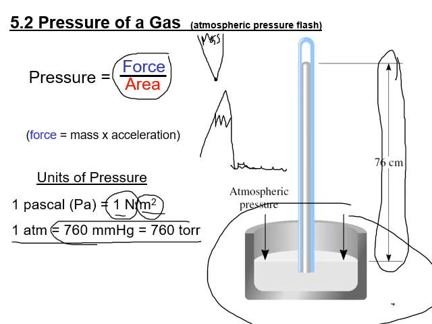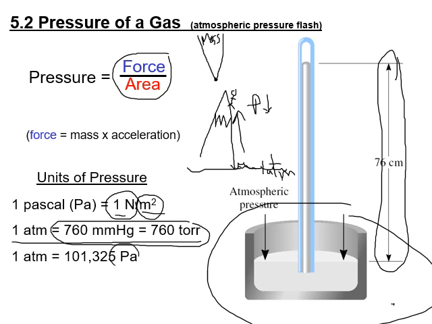Torr is the same unit size as millimeters of mercury. And 1 atmosphere is at sea level, in units of atmospheres. When you go up in altitude, your pressure decreases, because there are fewer molecules of gas surrounding you if you were standing up on the mountain versus down at the bottom.